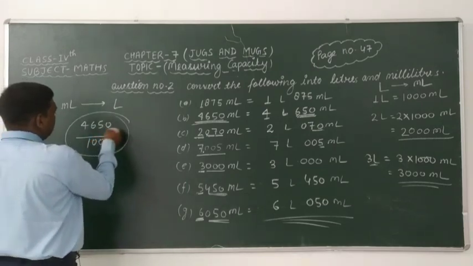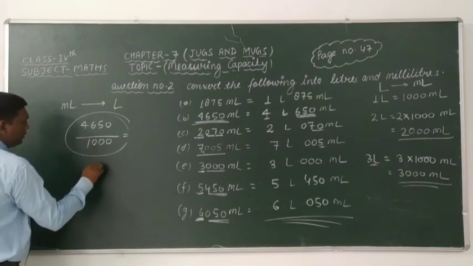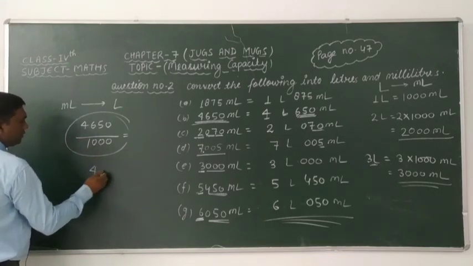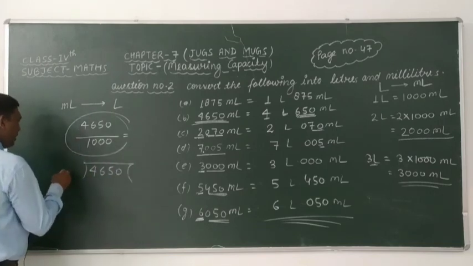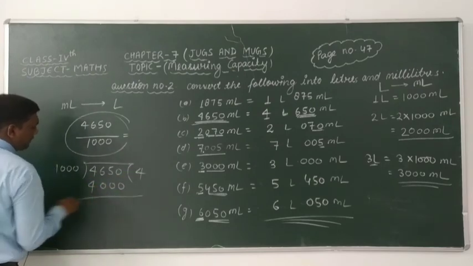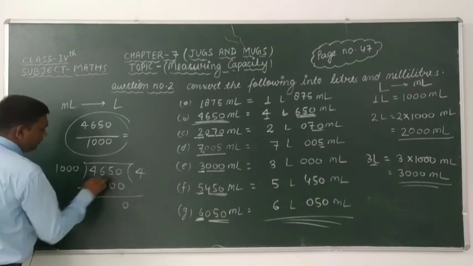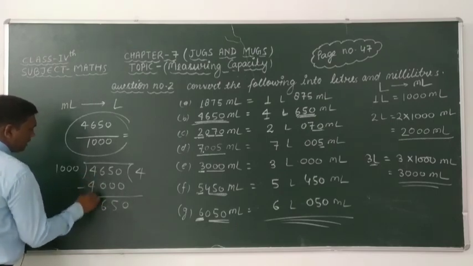So after solving these, here we get 4650 divided by 1000, 1000 4 is 4000. After subtracting these, here we get 0, 5 minus 0 is 5, 6 minus 0 is 6, 4 minus 4 is 0.